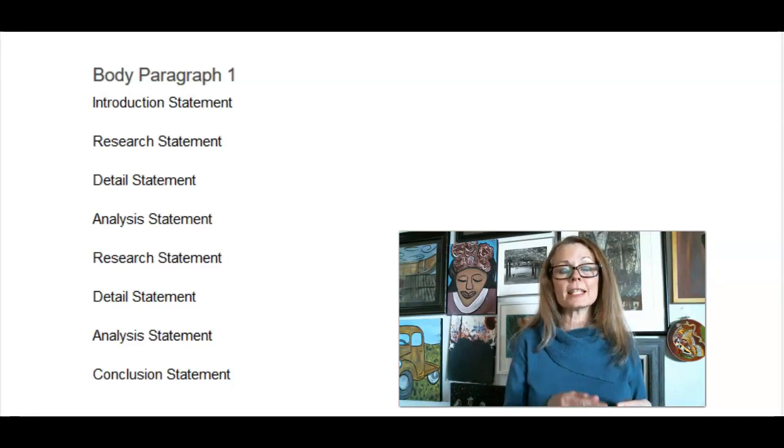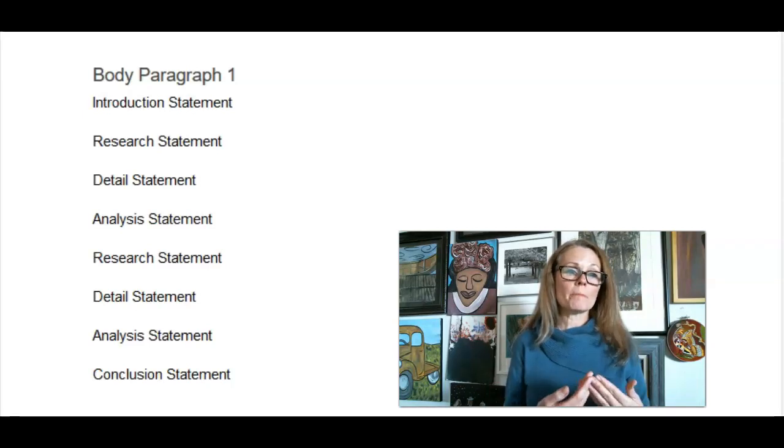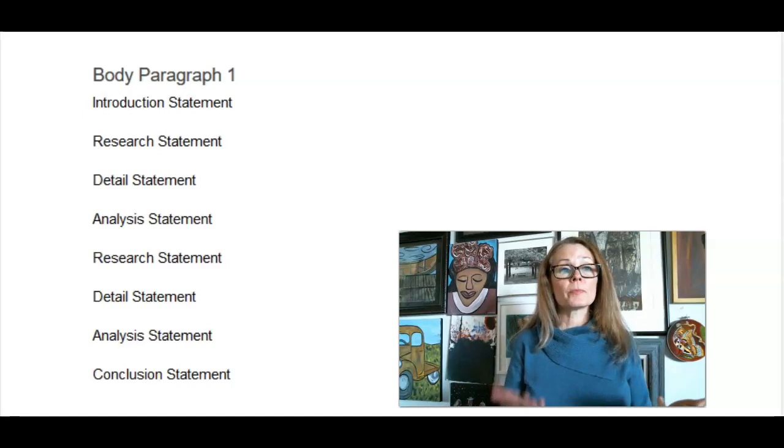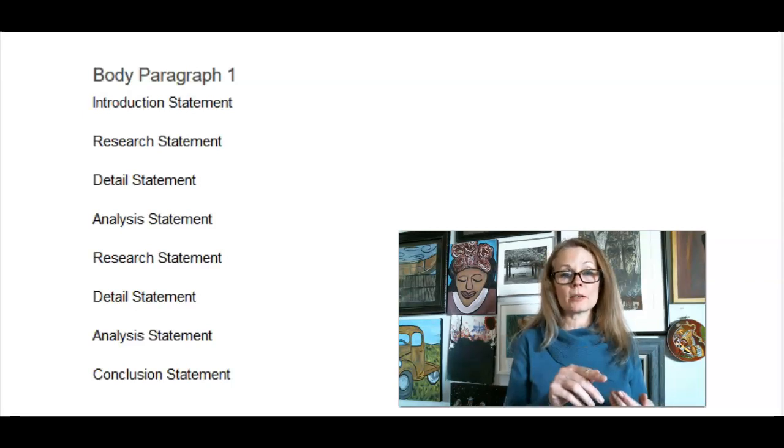The next sentence is your detail statement. So your detail statement gives additional information. It gives more of a foundation for that research. So for example, if I give a research statement where I give 3 different statistics in that sentence, all having to do with elementary aged readers or something like this, in this detail statement, I may give more information that's related to that.